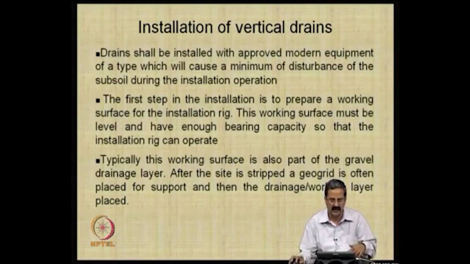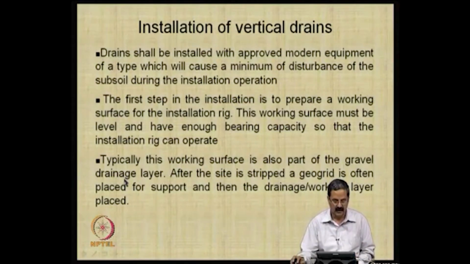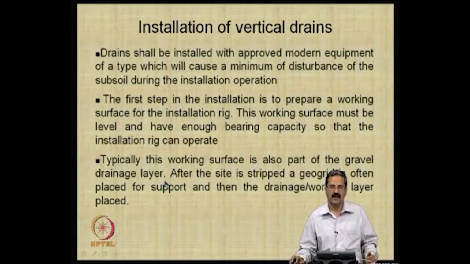I will just show you some more diagrams on this. You may have to create a working platform for the crane to stand and then execute the work with some sort of arrangement. So, typically this working surface is also a part of the gravel drainage layer. As you just saw, the drainage layer is at the top, and if this working surface can be a part of the drainage layer, it is nice because it is comfortable.